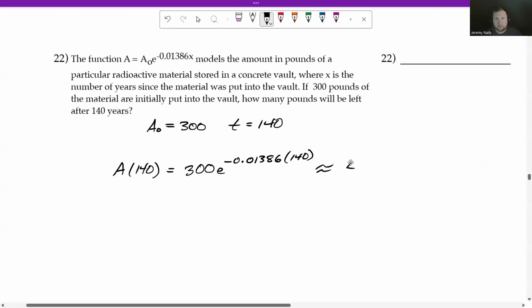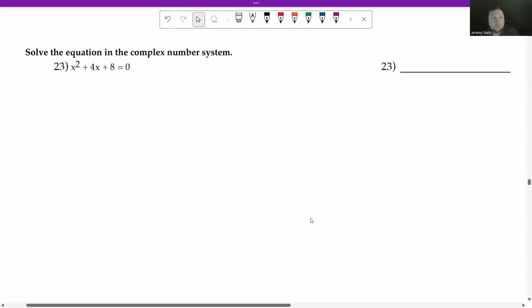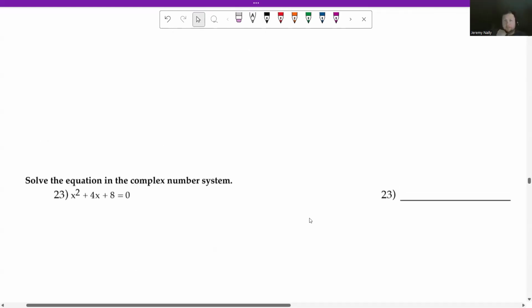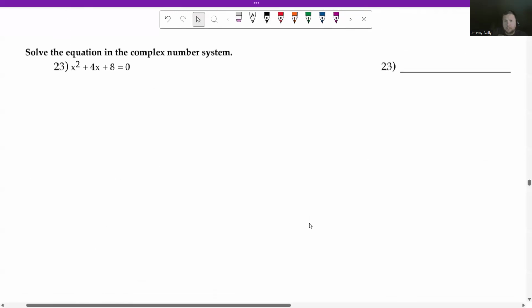And I'm getting 43.09 pounds. Okay. So all of that was just the Unit 4 review, and now we're entering into the general review for the rest of the course.